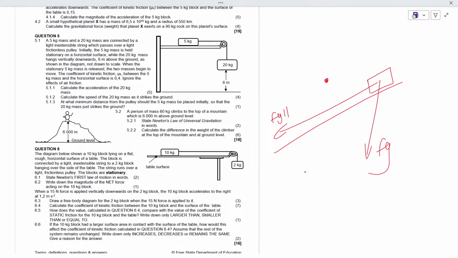Because gravity doesn't depend on the path taken, it's a conservative force, it will still give you the same answer. For example, if you are asked to find the gravity and you are given the height of the slope, you can use the height if you are not given enough information to calculate Fg parallel.